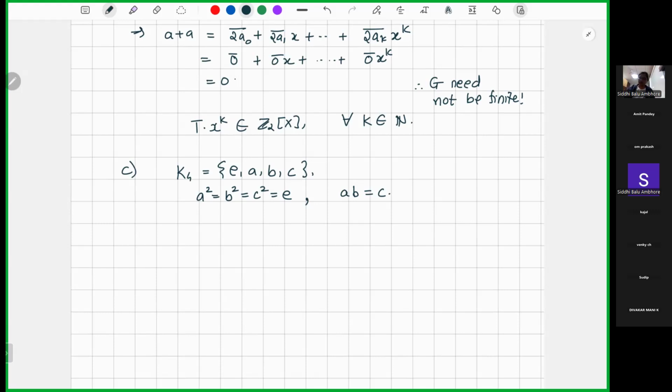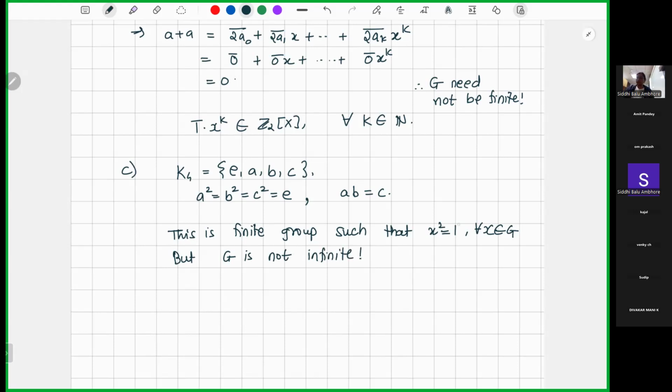So this is a finite group such that x square is equal to 1 for all x in G, but G is not infinite.